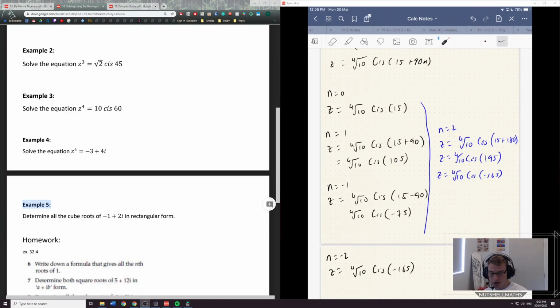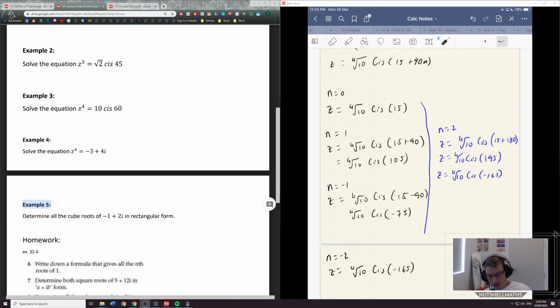When we did -2 and 2, -2 produced this answer, 2 produced this answer. These are the same things. But when we used our +2, we had to do the extra step of converting from 195 to -165. If we just used our logic and used -2, we don't have to do that extra step. Look how quick this happens.